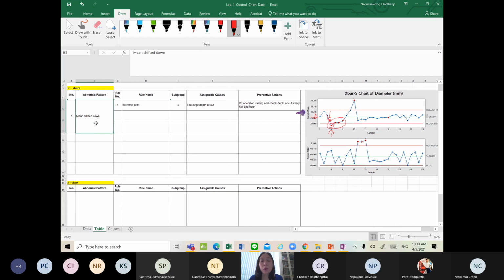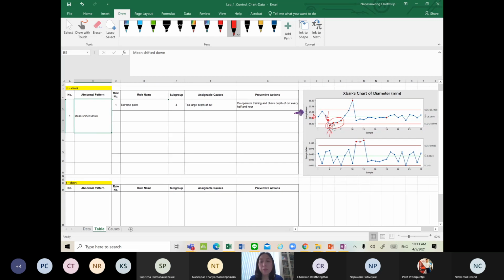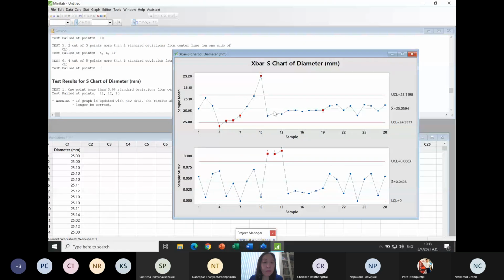So that means you will move to the next subgroup, because subgroup number 4 has only 1 rule, which is extreme point. So now Micah, could you please move to subgroup number 5, to see which test that subgroup number 5 violates.